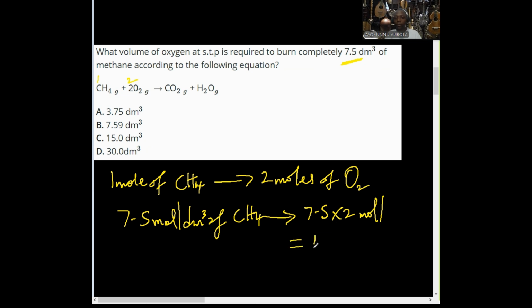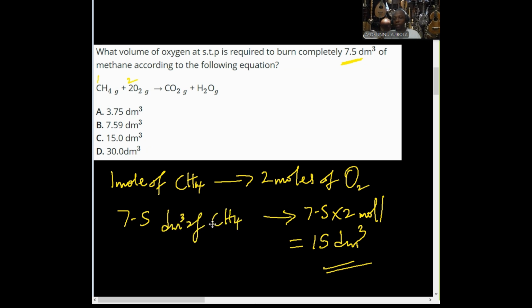So that will be 15 dm cube. Is that clear? That is the volume. So that is how you arrive at the answer C that you guessed.